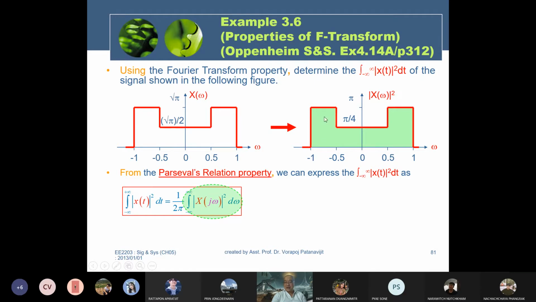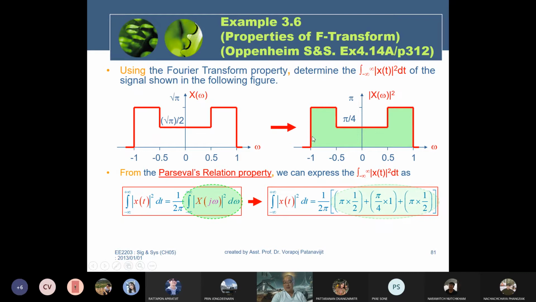The area is the green shading I show you, which comprises three rectangles. The first block is between 0.5 and pi, multiplied to get pi by 2, and the middle one equals pi by 4 multiplied by 1. Therefore, the integral of x(t) squared equals 5 by 8.